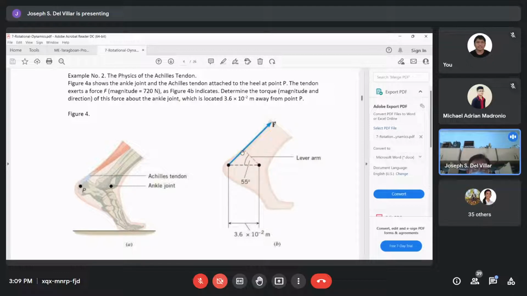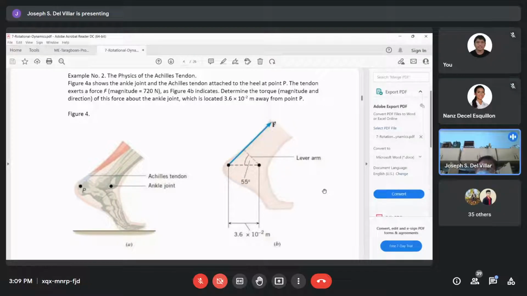Di ba 90 degree triangle to, di ba? So may 90 ka na. So dapat yung sum nitong dalawa is 90 also. So if this is 55, what will be the other acute angle? How many degrees? 35 po, sir. 35 po, sir. Okay, that is correct.